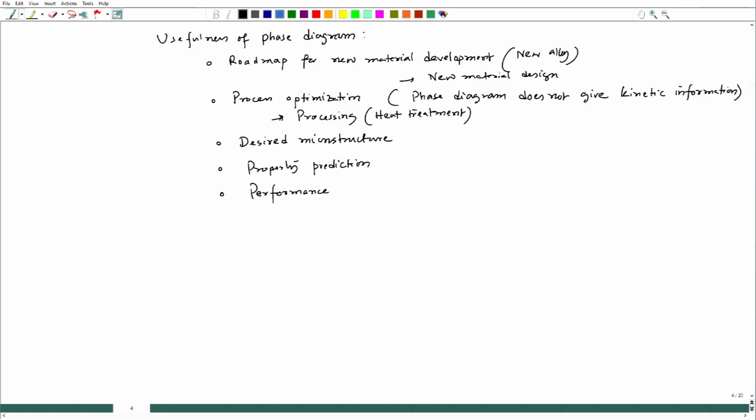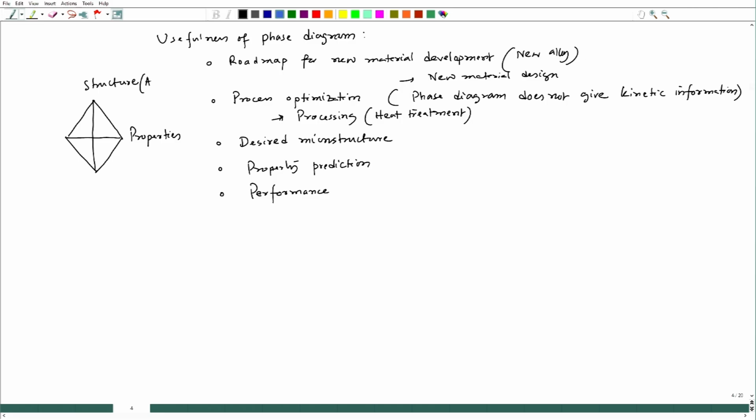In fact, the phase diagram falls within the gamut of the materials tetrahedron. So, we know the materials tetrahedron. It is basically a kind of diamond where we have structure, then properties, then performance.